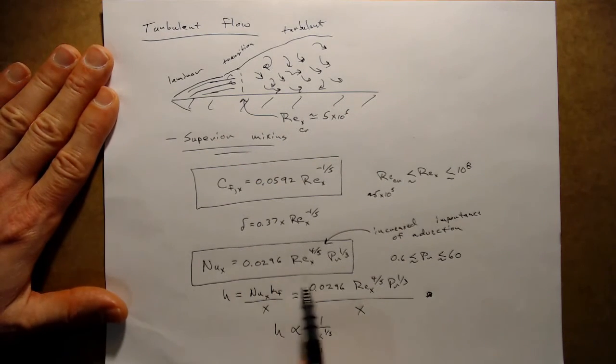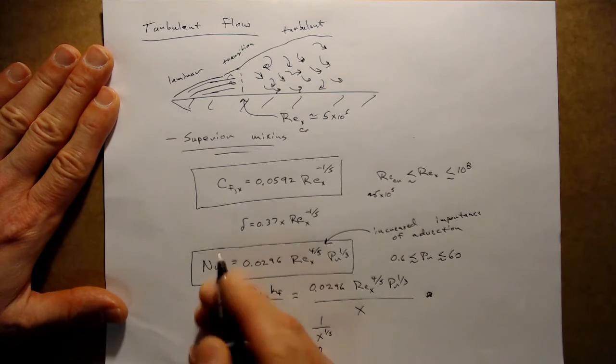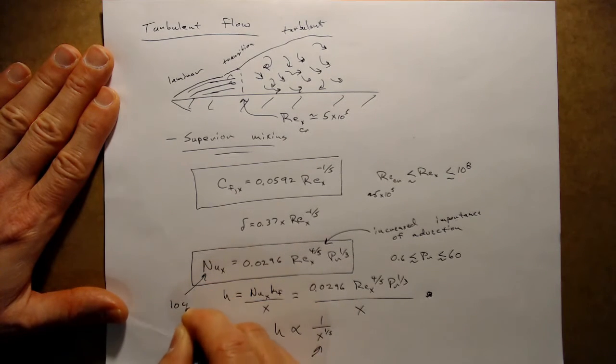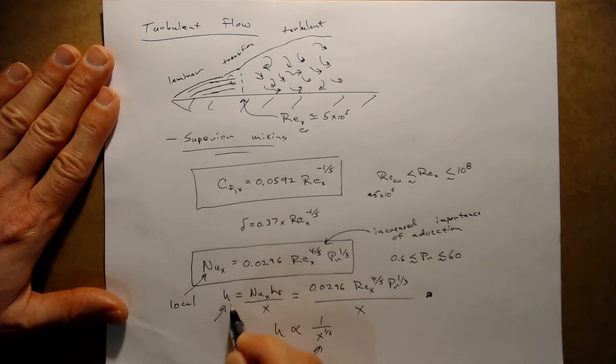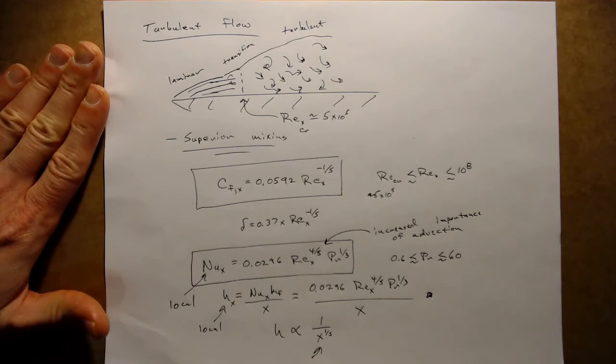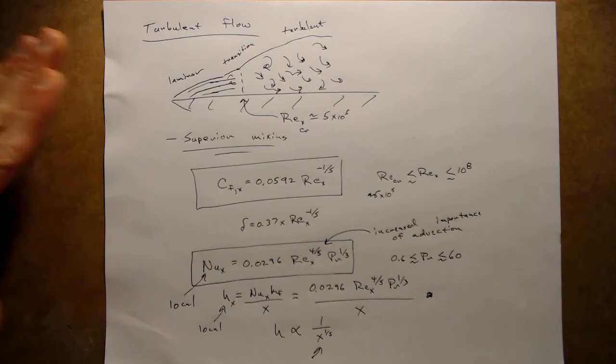And so for the flat plate, this is the appropriate local, importantly, this is the local heat transfer or the local Nusselt number, and correspondingly the local heat transfer coefficient for a flat plate in parallel turbulent flow.